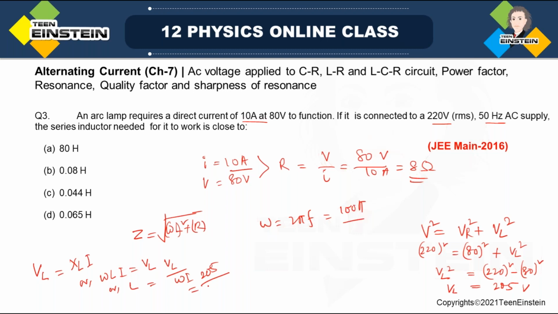So L = VL by (100 pi into I), where I is again 10. So this is in Henry unit. Okay, so this would actually give you, let us just do this calculation.